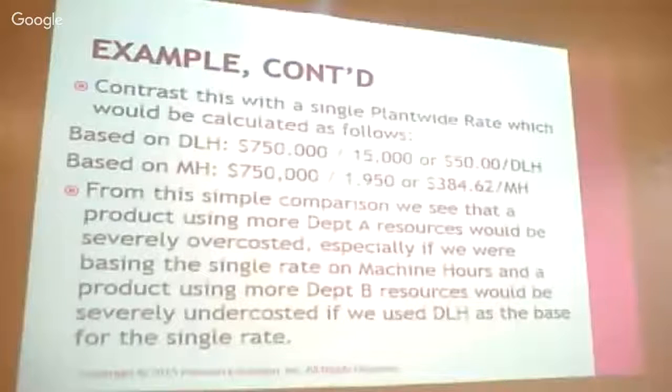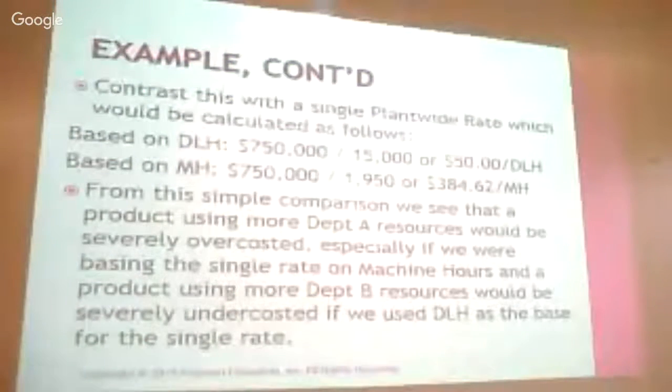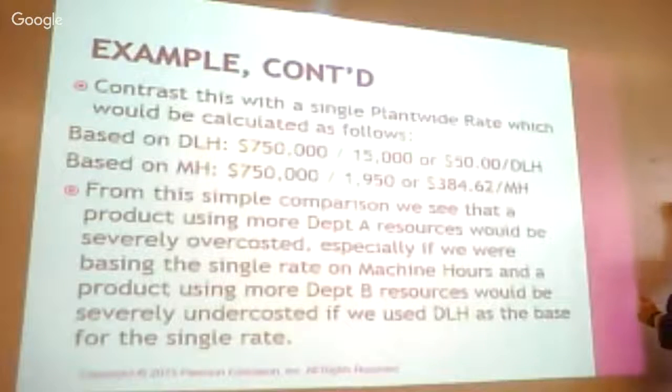Now, if we did a plant-wide rate, what would happen? If we based it off of direct labor hours, I would take the total, the 750, which is the total overhead for both departments, divided by the total direct labor hours of 15,000, and I would get $50 per direct labor hour.